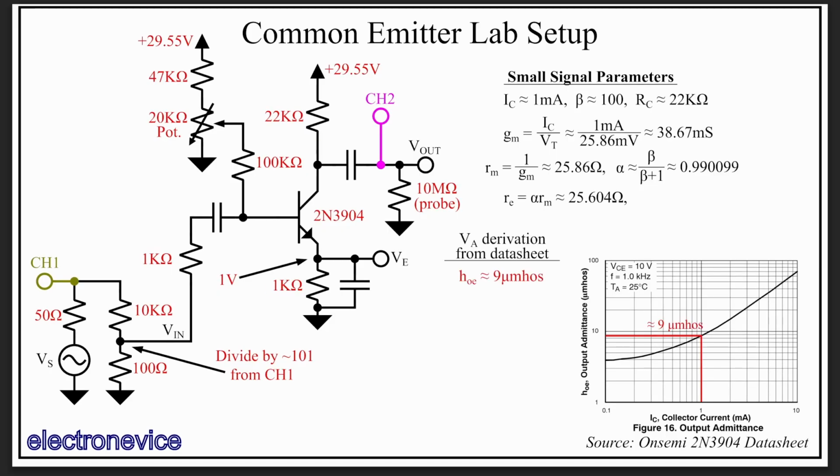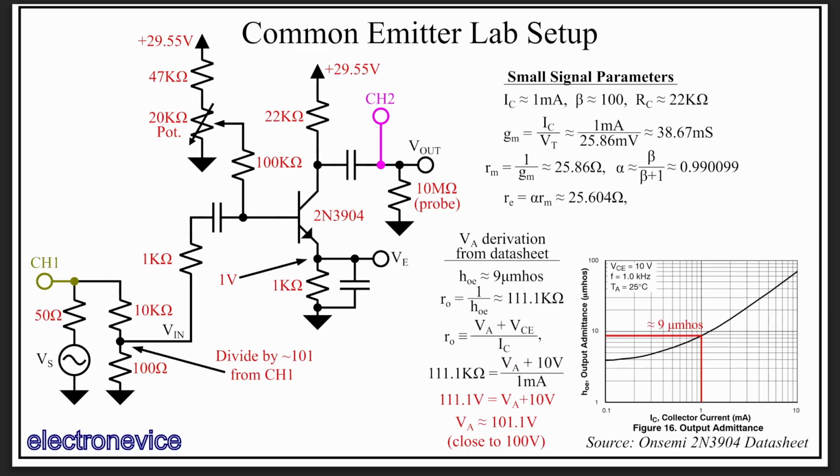At 1 milliamp, the output admittance is a little less than 9 micromhos, which translates to around 111.1 K in impedance. Using this value of 111.1 K and the more accurate equation for ro, we can calculate VA from this, and we get around 101.1 volts, which is very close to the value of 100 volts from the LTspice simulation model, so a pretty good value to use.